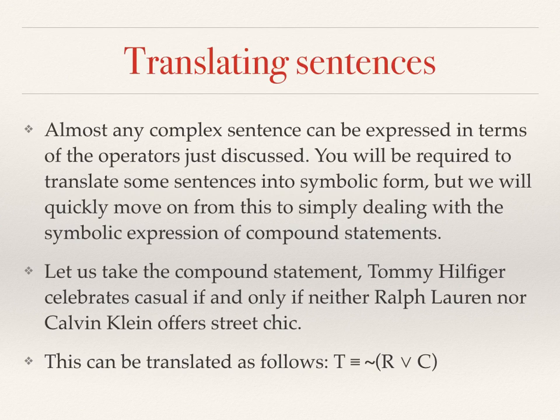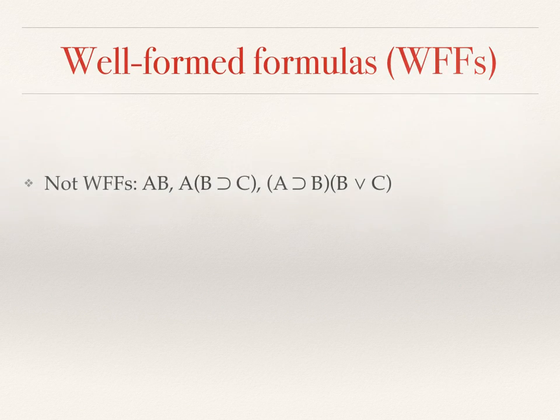Now this leads us to a very important topic. As you can see in the text, there is a distinction between what's called well-formed formulas and formulas that are not well-formed. The basic idea is this: any two statements have to be conjoined by some operator. So for example, in these instances, we have the statement A B. There's no operator connecting these two statements.